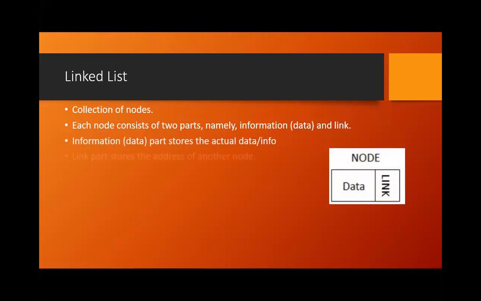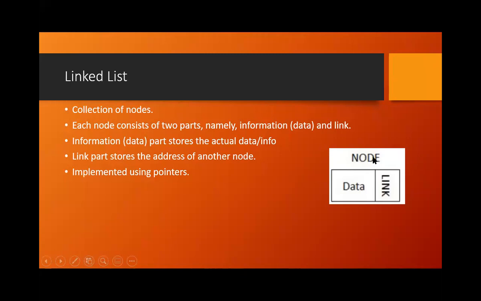Now, this particular linked list is implemented using the pointer concept. We will study pointer concepts, and after that in unit number 5 we are going to study the linked list in detail. So in the linked list, three things you need to understand, or three things you should know first. First is, it is a collection of nodes.